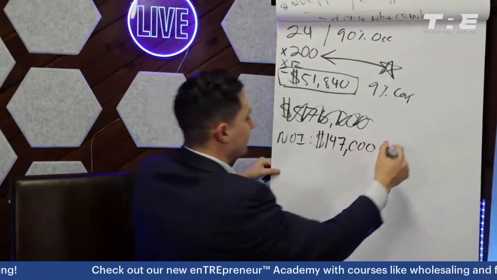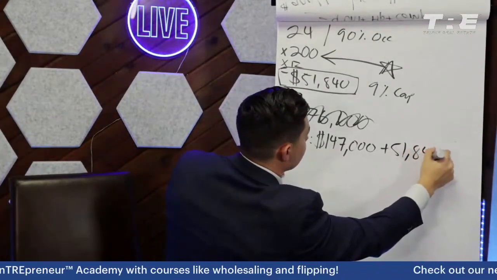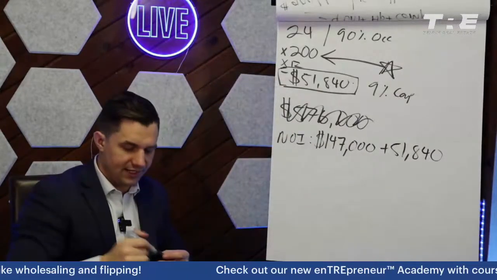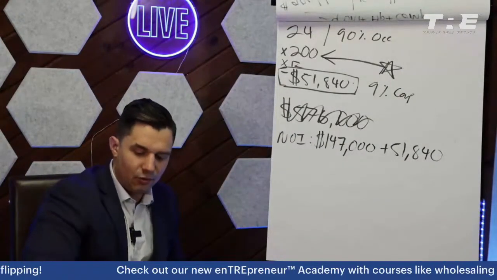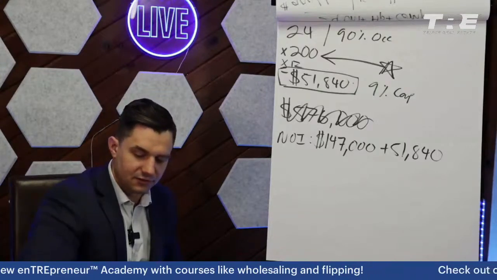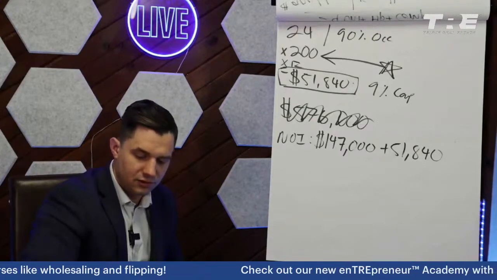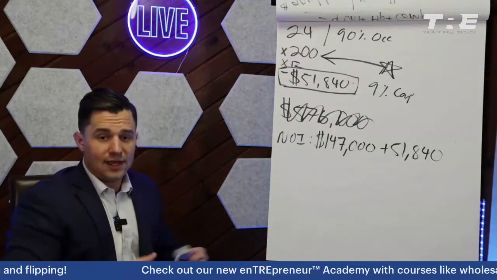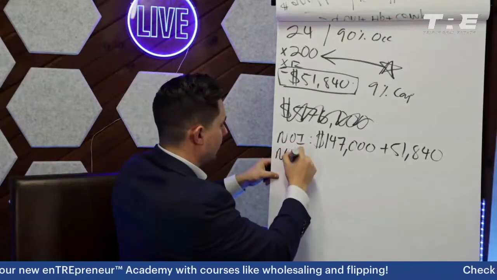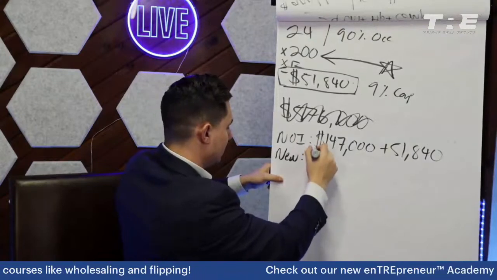And we added $52,000 worth of increased income because we raised the rents. So now what is our new NOI? 147 plus 51,840. Our new NOI after we raised the rents in year 1 is 199 grand.